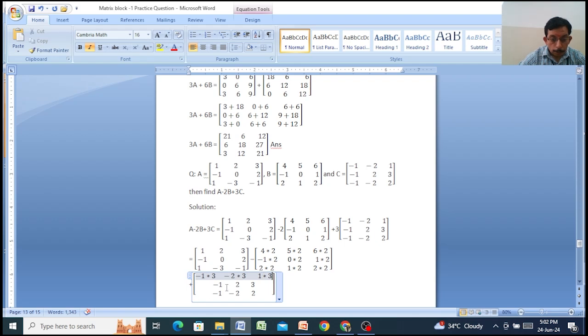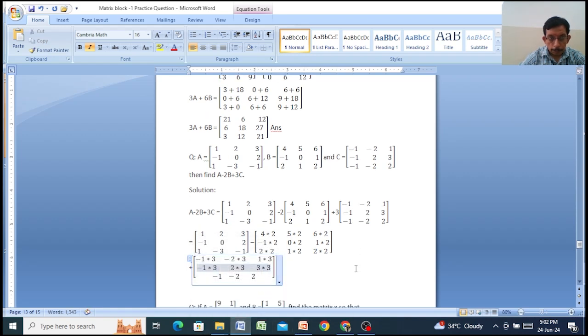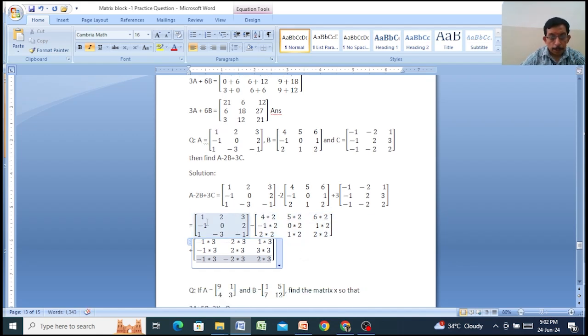Now the second row, minus 1 into 3, 2 into 3, 3 into 3. Then the last row, minus 1 into 3, minus 2 into 3, 2 into 3. Now simplify in the next step.